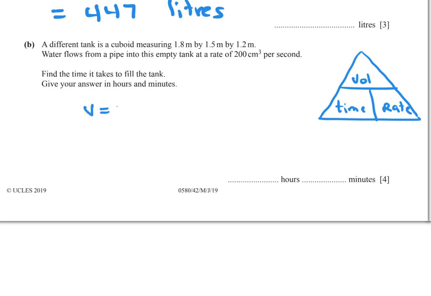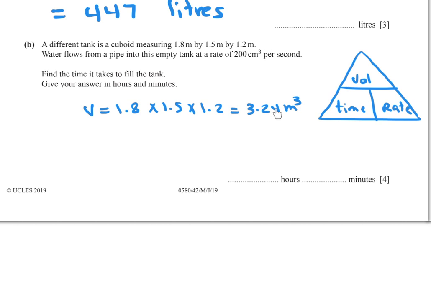Volume of cuboid, 1.8 times 1.5 times 1.2, equals 3.24 cubic meters. But before dividing by the rate to find the time, you need to convert the volume from cubic meters to cubic centimeters, because the rate is in cubic centimeters per second.